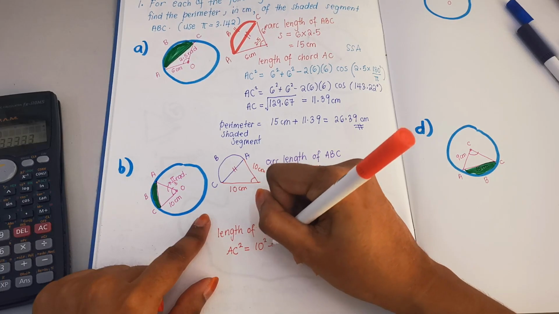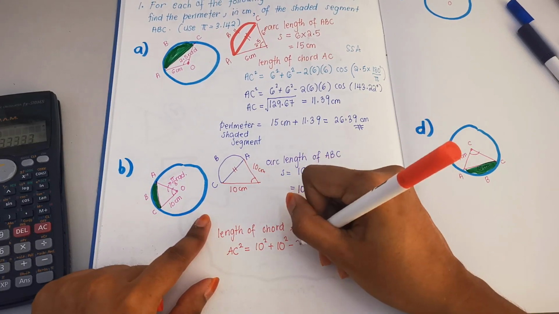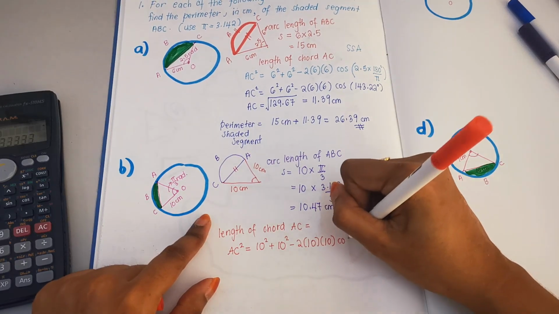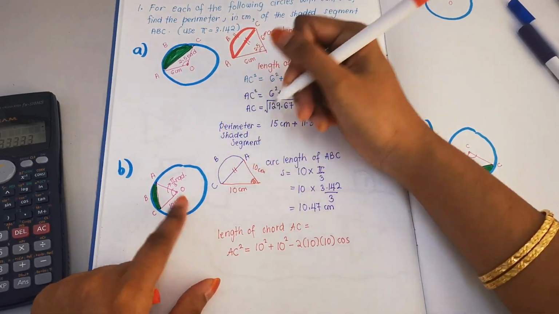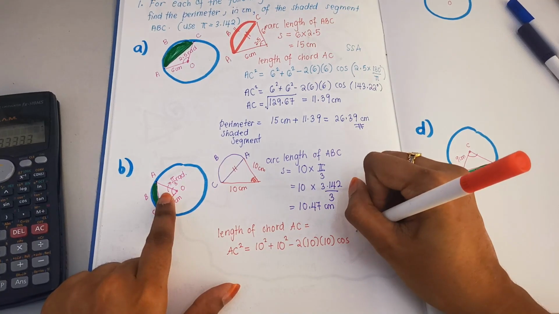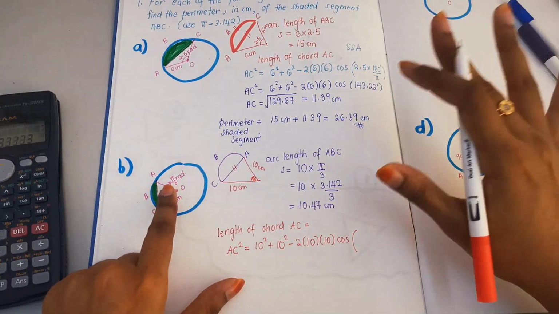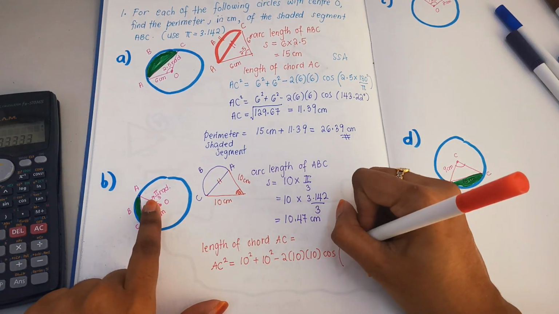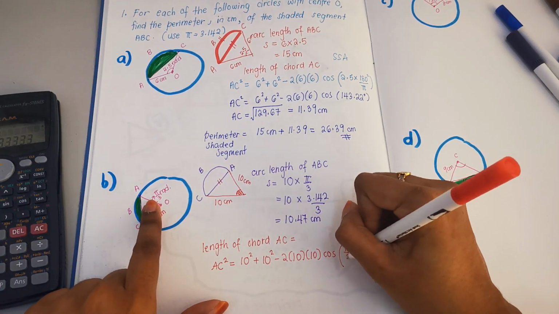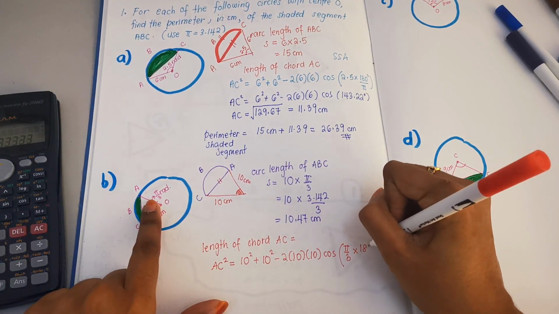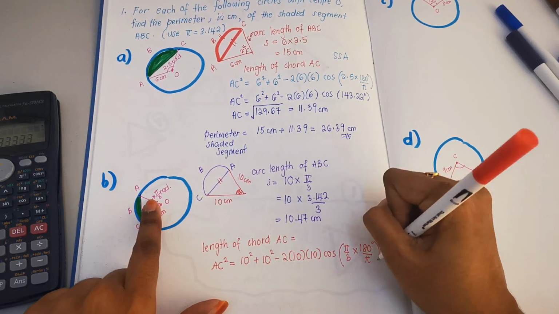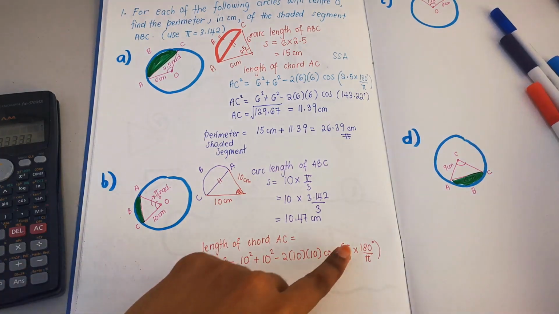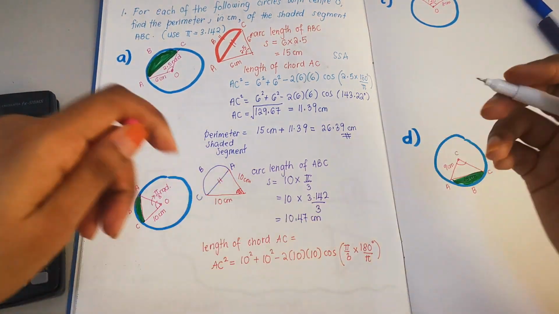So 10 square plus 10 square minus 2 times 10 times 10 cosine of, what is the theta? The theta is pi over 3. We are not going to use pi over 3 because it is in radians. We want to change it to degrees. So pi over 3 times 180 over pi.